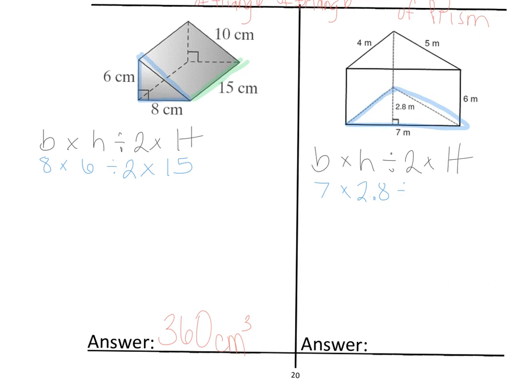We have to divide by 2, and the big height is going to be the side that connects the two triangles. In this case, the side that connects the two triangles is 6. So we have 7 times 2.8 divided by 2 times 6, and we end up with 58.8 meters cubed.